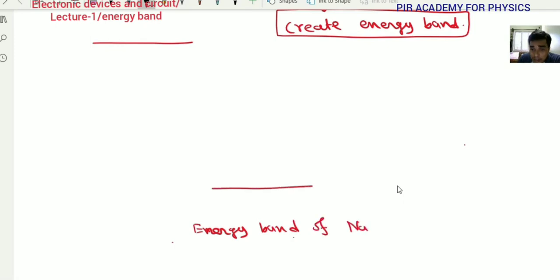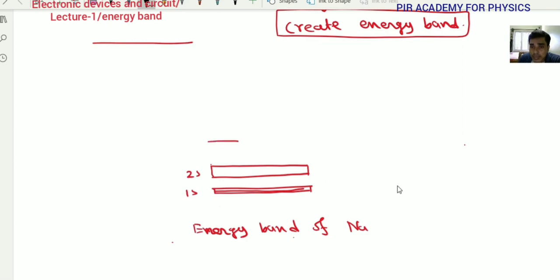Suppose this is the 1s energy band. Okay, and there is the 2s energy band.